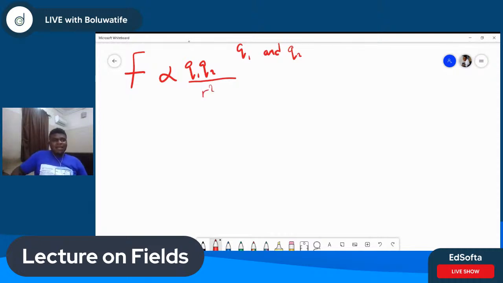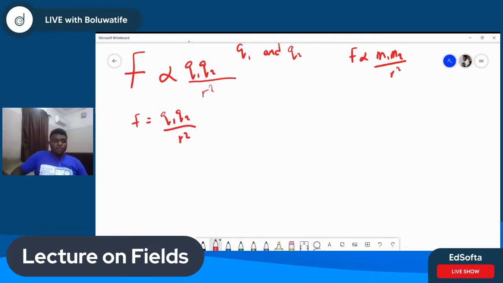As you can see, this reminds us of gravitational field, where you have m1 m2 over r squared. Coulomb mimicked that, found it to be true, and was able to prove it, so that's why it became a law. Then, as usual, to remove the sign of proportionality, we introduce a constant K. So we have K Q1 Q2 over r squared.